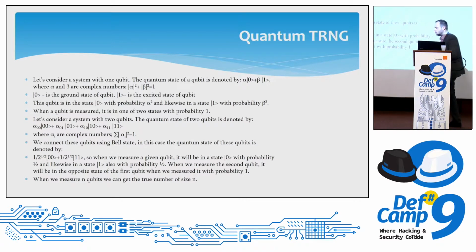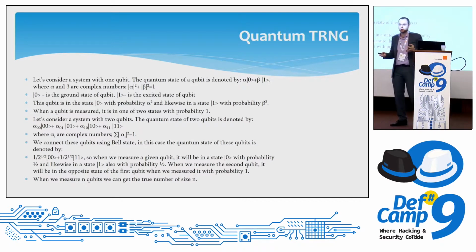A very interesting property of qubits is entanglement, the so-called Bell state. What is it? We connect two qubits. One we can take to the universe. It's some kind of so-called teleportation. So we can take it to the universe, and when we measure the first one, the second one we measure and get the opposite state of the first one.